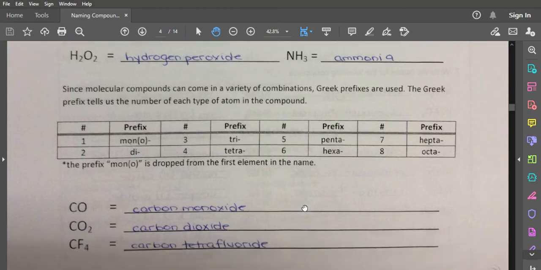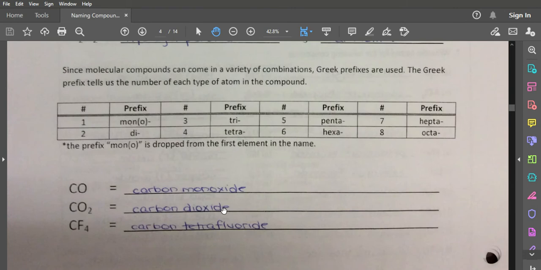So let's see what that's like with things I've already talked about. These are nice examples because we already know the name to them, so we can check our answer. So carbon monoxide, exactly how I said we don't say monocarbon because it doesn't need to have anything on the front. Different from carbon dioxide because there's 2 oxygens.